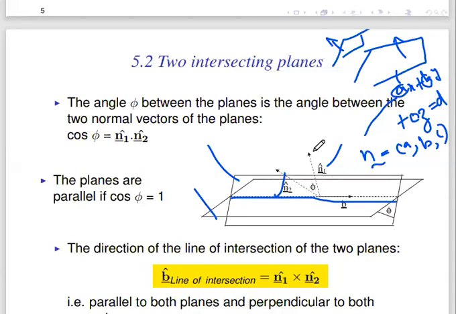So the cross product is parallel to this intersection line, and then you can find the equation of this intersection line if you want. In the exam, I will maybe give you the equation of this plane and that plane, then ask you to find the equation of the intersection line. Pretty simple.